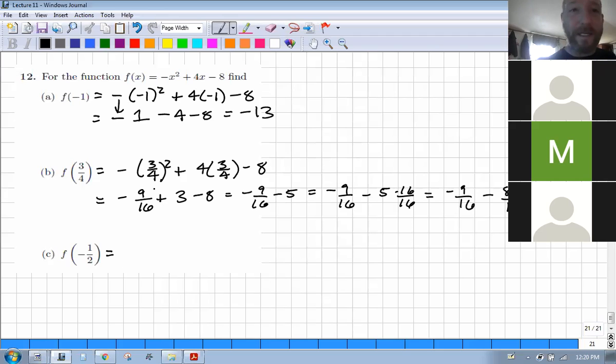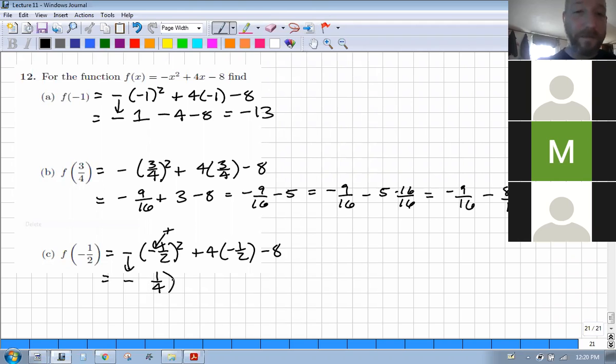All right, replace x with a negative 1/2. I got a negative 1/2 squared plus 4 times a negative 1/2 minus 8. This minus squared becomes a positive, but then I still have this extra minus. 1/2 squared is a 1/4. I don't even need parentheses here. 4 over 2 is a 2.